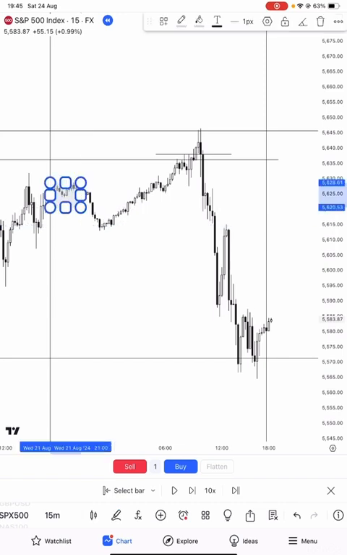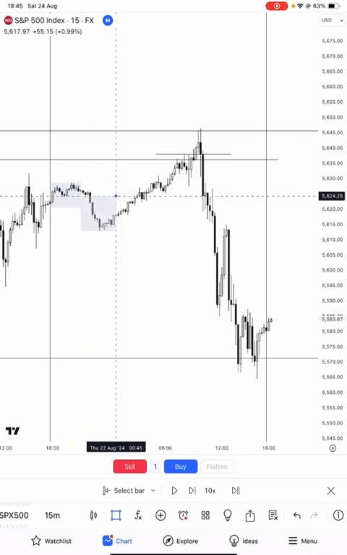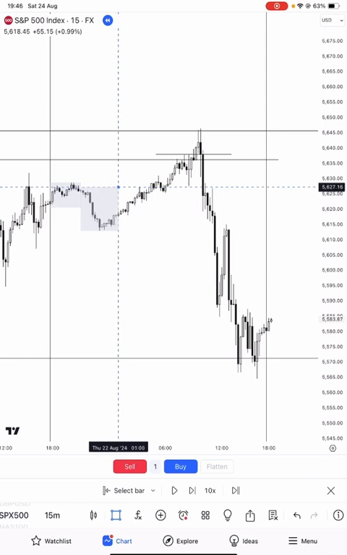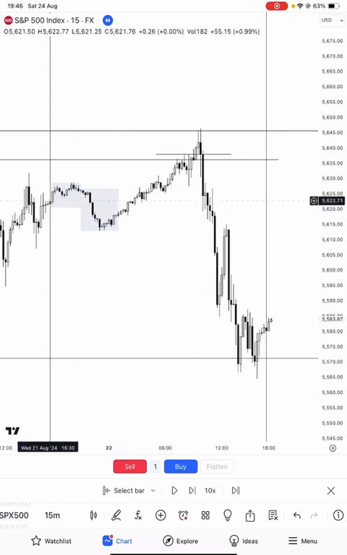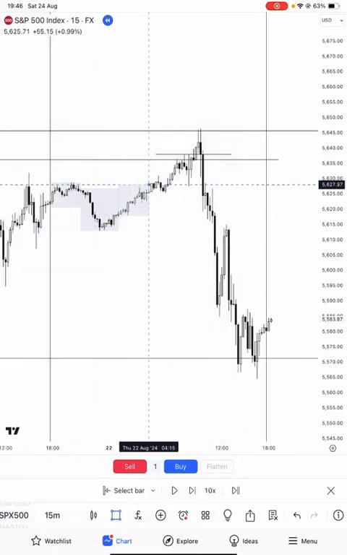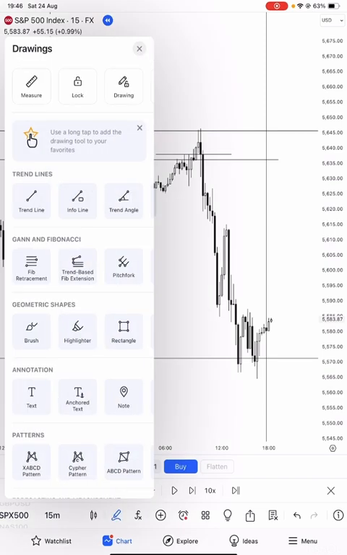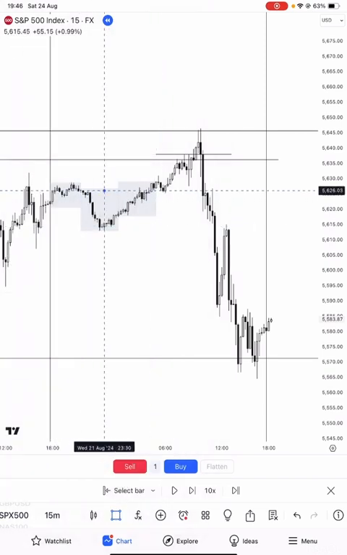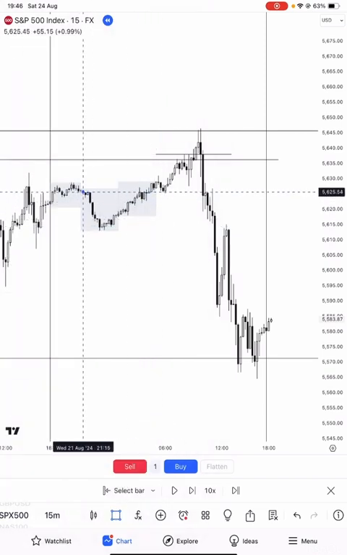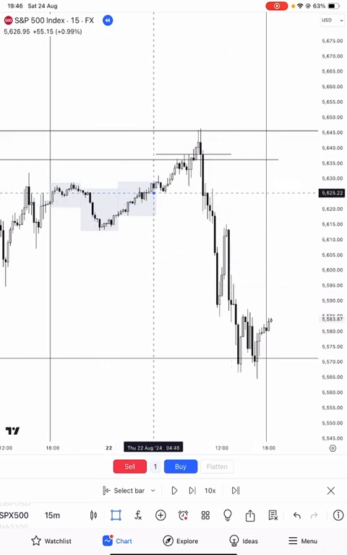So you have 1 to 9. 5 to 9. You have 9 to 1. This candle is 1 hour less for the reason I pointed out. 1 to 5, and you can trade this alone.